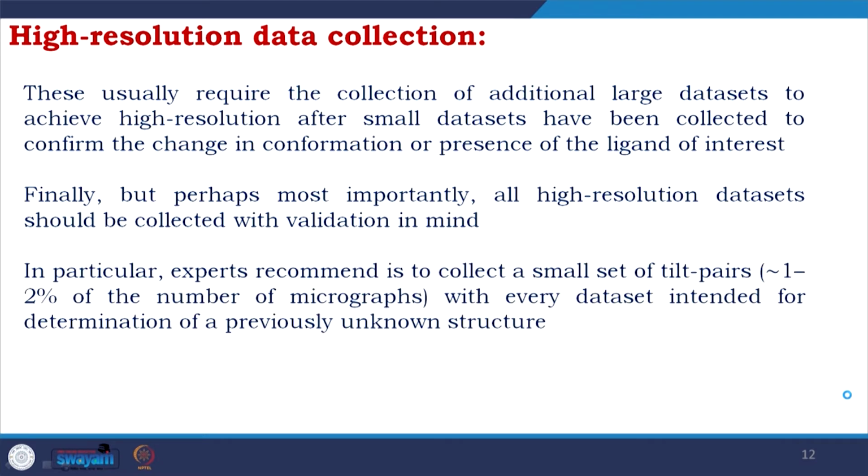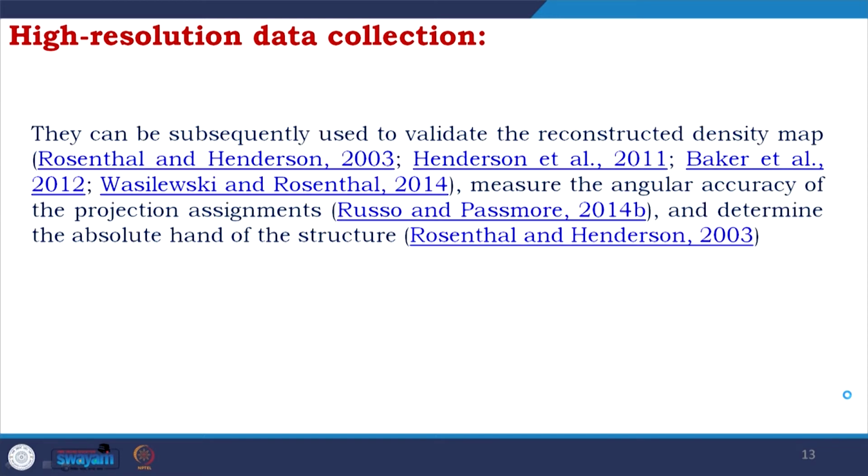In particular, experts recommend collecting a small set of tilt pairs, 1 to 2% of the number of micrographs, with every data set intended for determination of a previously unknown structure. They can be subsequently used to validate the reconstructed density map.